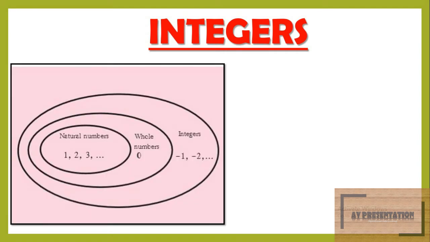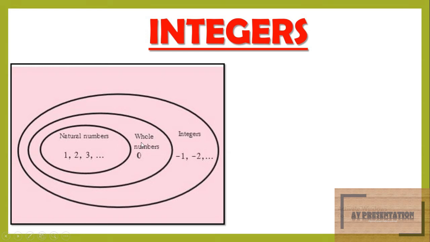Now the next point is integers. Student, observe the figure. In the first circle, natural numbers. In natural numbers, the numbers start from 1, 2, 3, 4, 5, and then in whole numbers we add 0. So natural numbers are included in whole numbers and then integers.